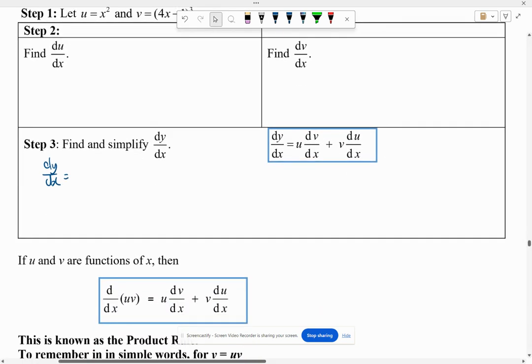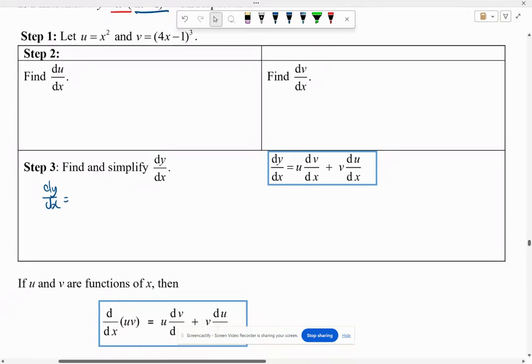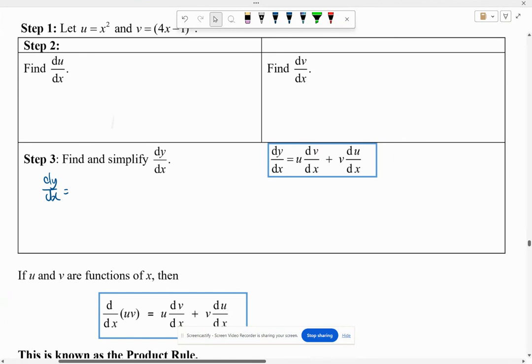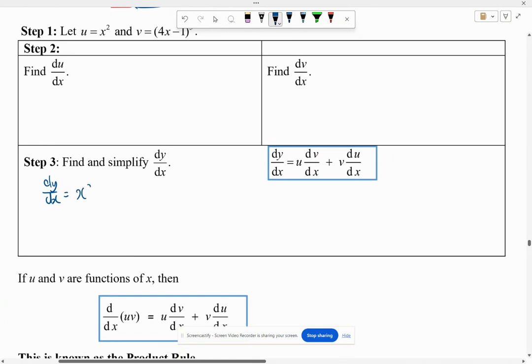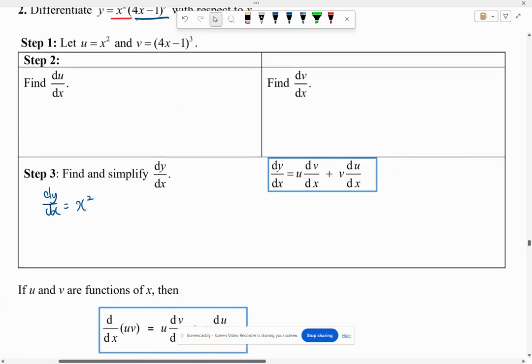So the formula here, u, which is the first one, so we can copy down x squared, times differentiate 4x minus 1 cubed. Okay, we must apply chain rule.